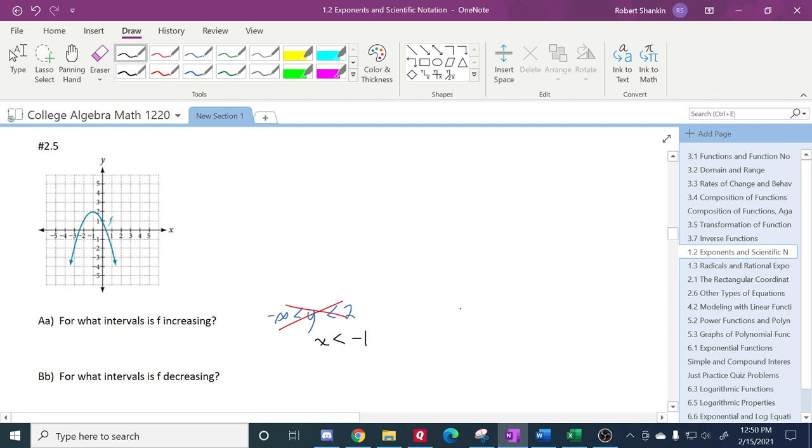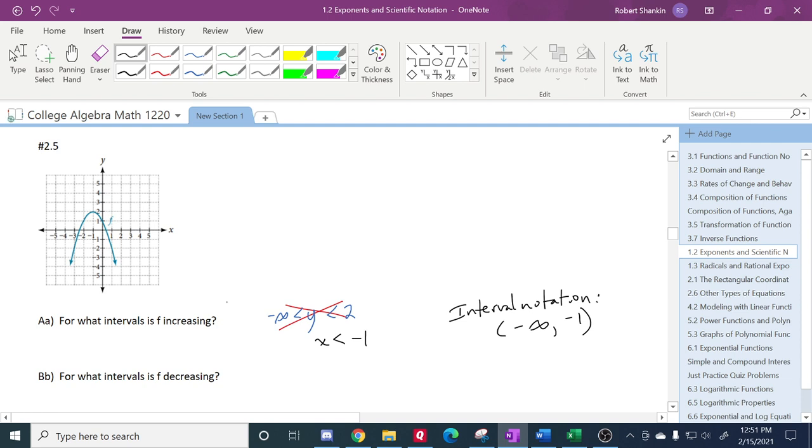But if you were writing it in interval notation, it didn't ask you to do it, but if it did, you would write it from negative infinity to negative 1. Now we don't include the endpoint of negative 1 because right there it's transitioning. It's neither increasing nor decreasing. It's kind of horizontal.